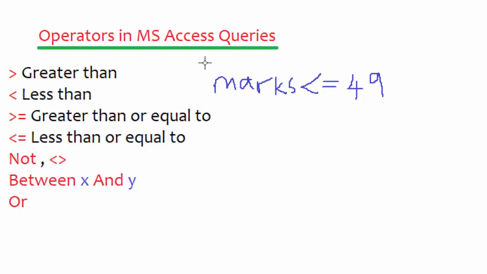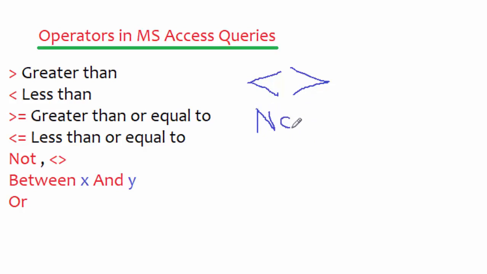Then the other operator is called not. You can use it by just writing the word not, or you can use these two symbols. It is just one symbol. So I can use this symbol to represent not, or I can just write it as a word like this, not. And this one is used to exclude things. For example, I want all students who come from a certain city except London.